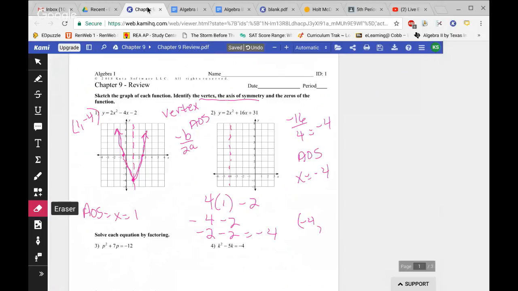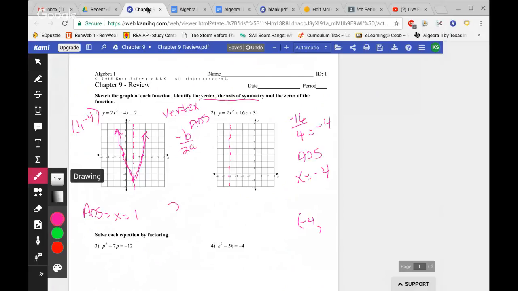And then to find your vertex, you're going to plug that negative 4 into the equation. So you'll have 2 times negative 4 squared plus 16 times negative 4 plus 31.